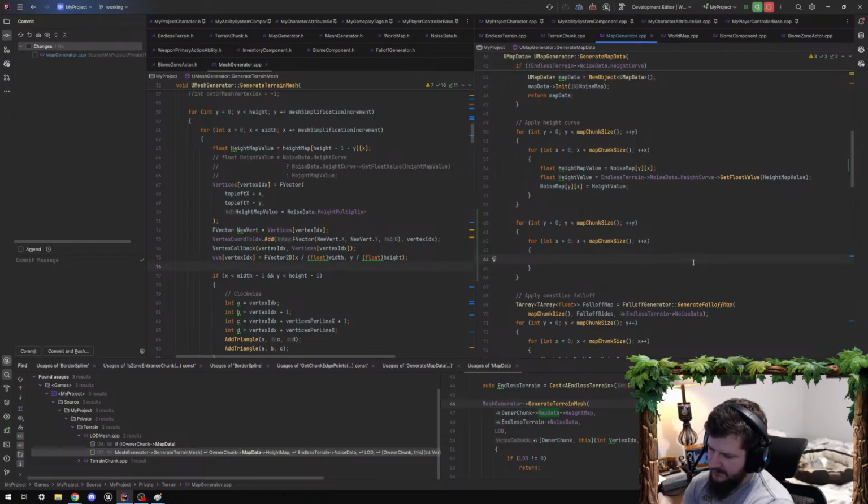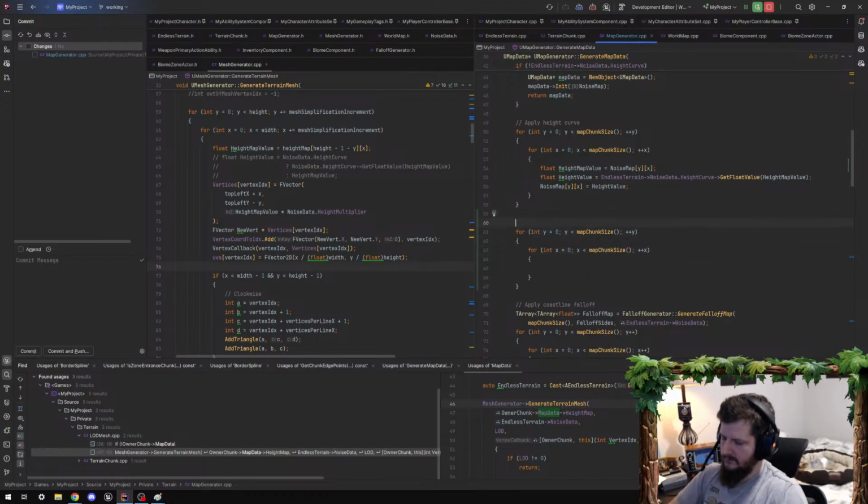So I guess first step is to get all the neighboring chunk locations and find for each vertex, I need neighboring chunk locations.